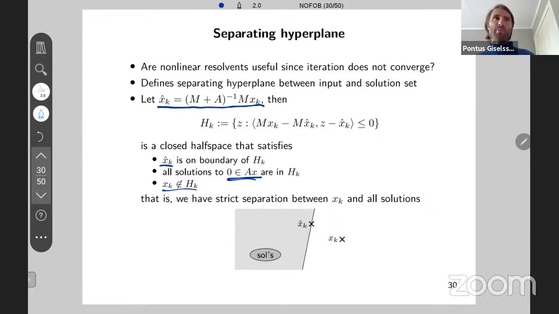I mean, for a half space, you can either be inside or outside, let's say, if it's a point. And it cuts the space in two halves. So now we have cut the space in two halves, and we know that we have one point on one side and the other point on the other side. And the point x_k is strictly outside the half space. So we have what is called a strict separation between x_k and all solutions.